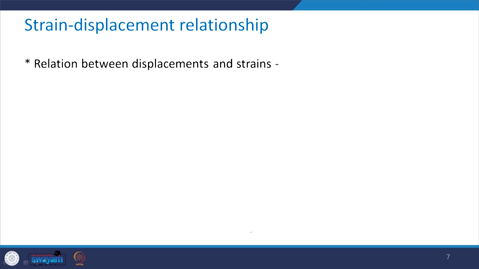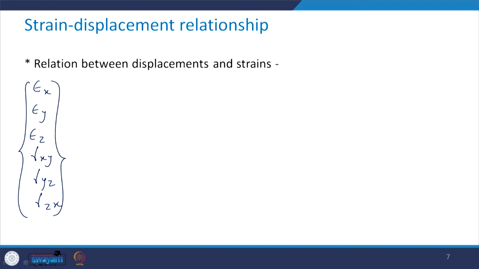What is the relationship between displacements and strains? Let us see. Again we will write it in the form of a matrix. So, we have the strain vector as epsilon x, epsilon y, epsilon z, then you have the shear strains gamma xy, gamma yz and gamma zx.